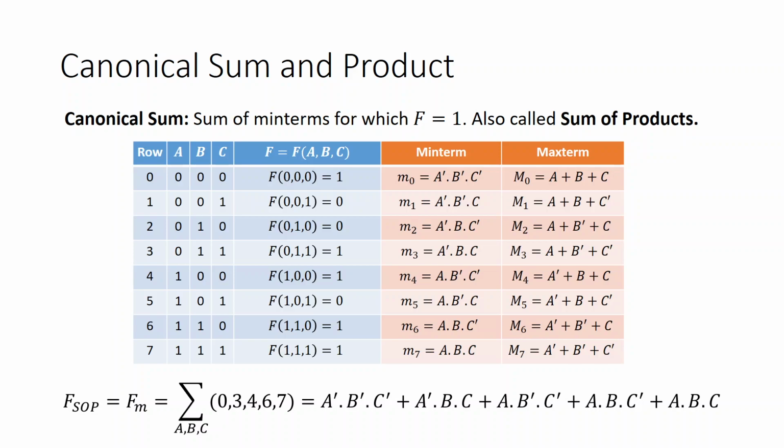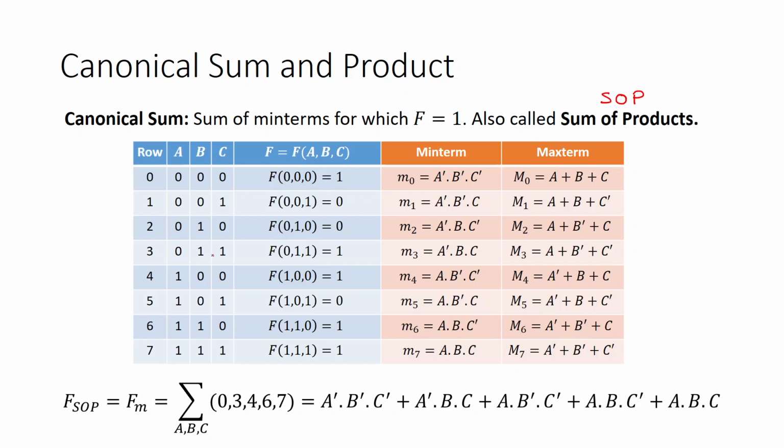Again it is very simple: you observe those outputs which are 1, and each has a corresponding input sequence. That input sequence gives you the min term number and directly the min term. Those min terms you collect and write as a sum, and it gives you the sum of products, also called the SOP expression.